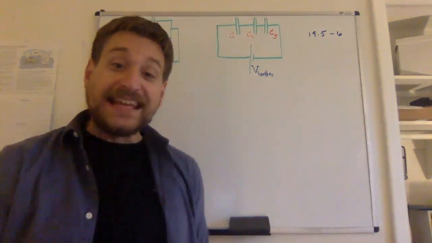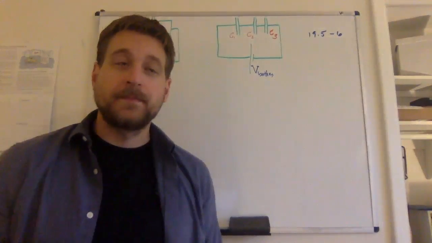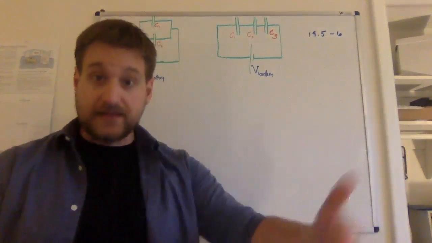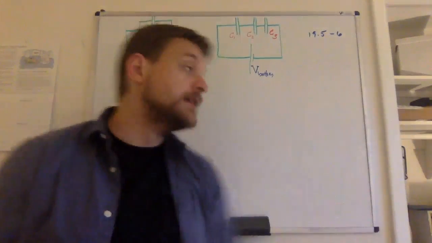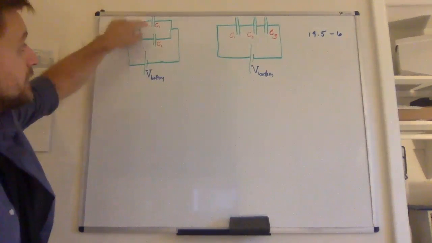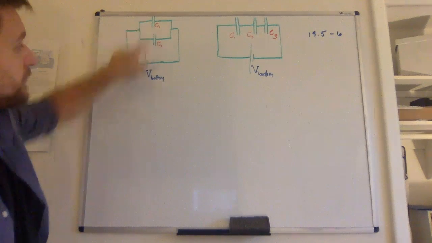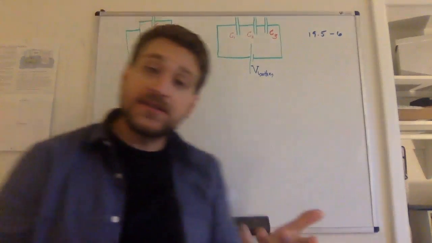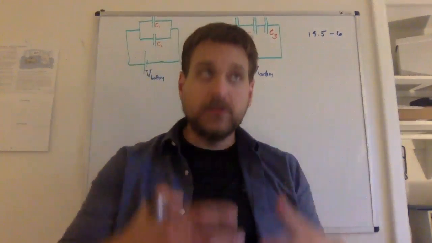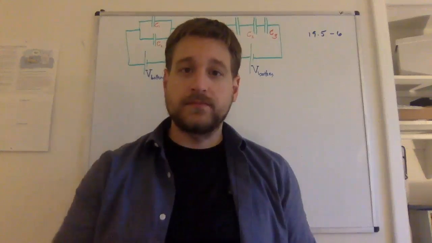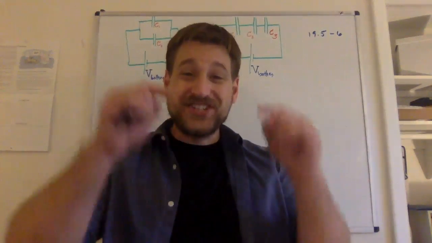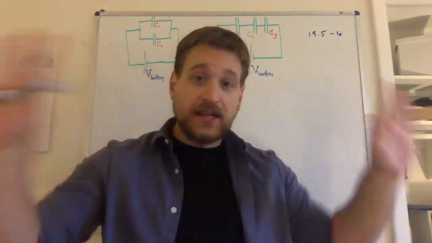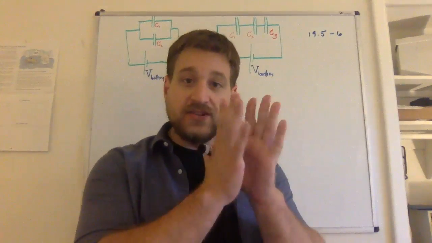We have this new thing now, this new sort of circuit element. We can call it a capacitor. It is a thing that has a capacitance. The symbol we use for it is two lines next to each other, kind of like a battery, but that are the same length. Once we charge up a capacitor, we can take everything else away and those two plates stay charged.